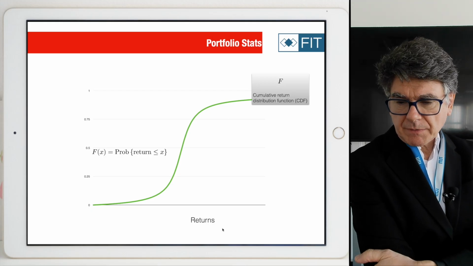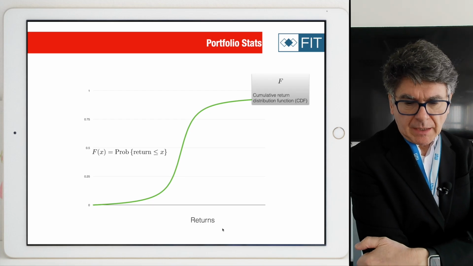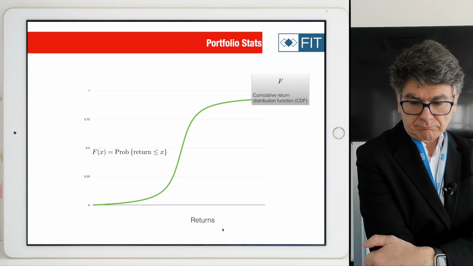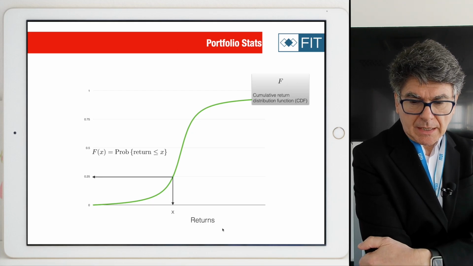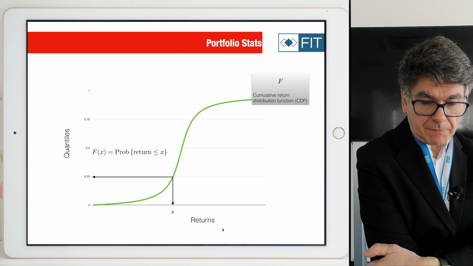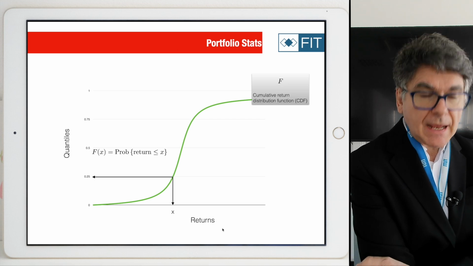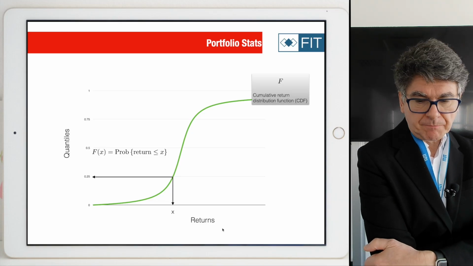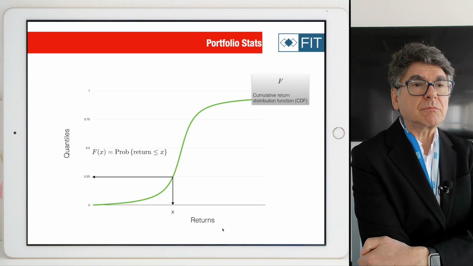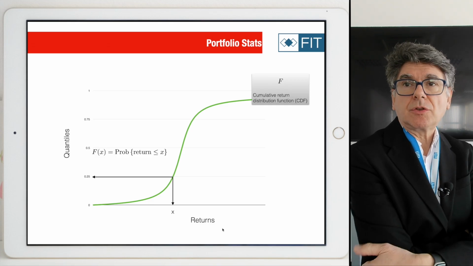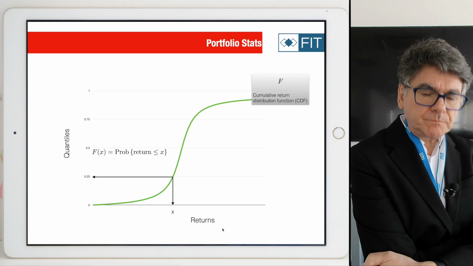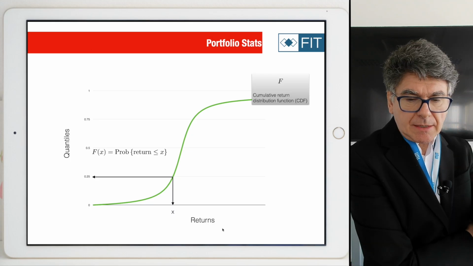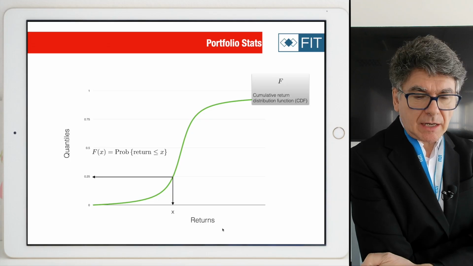And that's the cumulative distribution function, CDF. It's a function that grows from 0 to 1. It measures the following. If I say that F of a certain point is 25%, that means that the probability that my returns are less than that value is 25%. And the objects on the y-axis are called the quantiles.